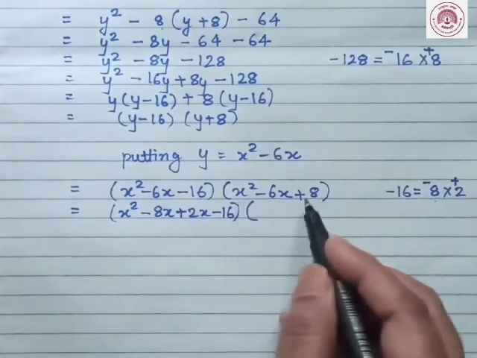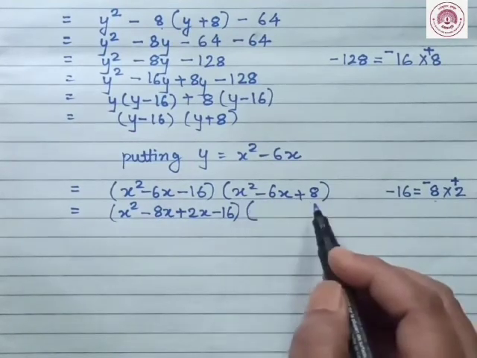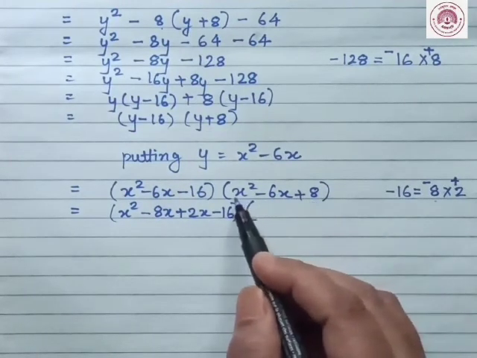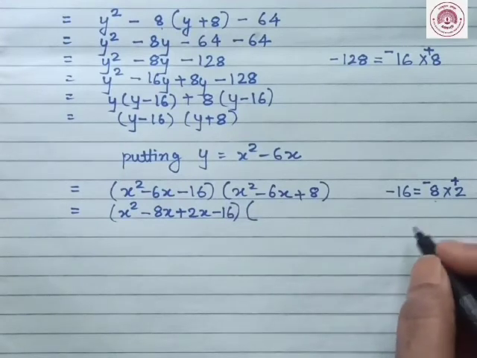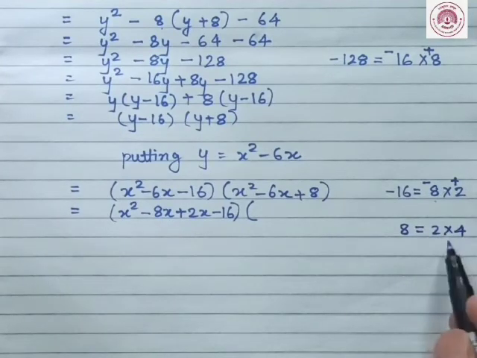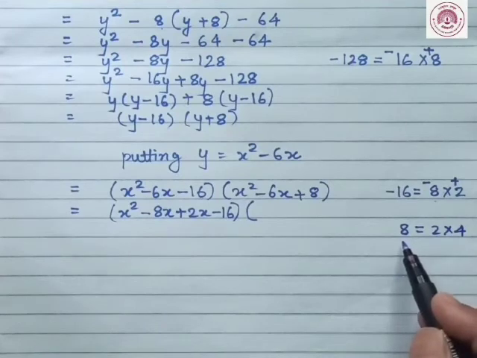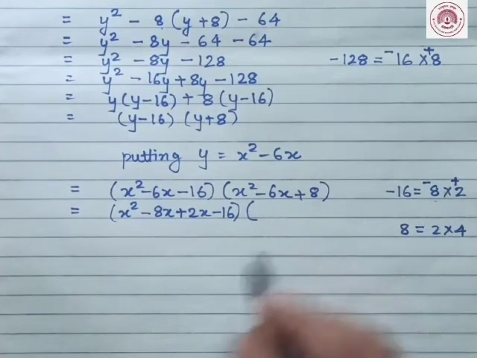Now let's see, can we factorize this? So what are the factors here of 8? Here the coefficient of x² is 1 and the constant term is 8. So we have to find the factors of 8. So what are the factors of 8? 2 × 4 is 8. 2 + 4 is 6. Okay, so yes, we can factorize the second polynomial.